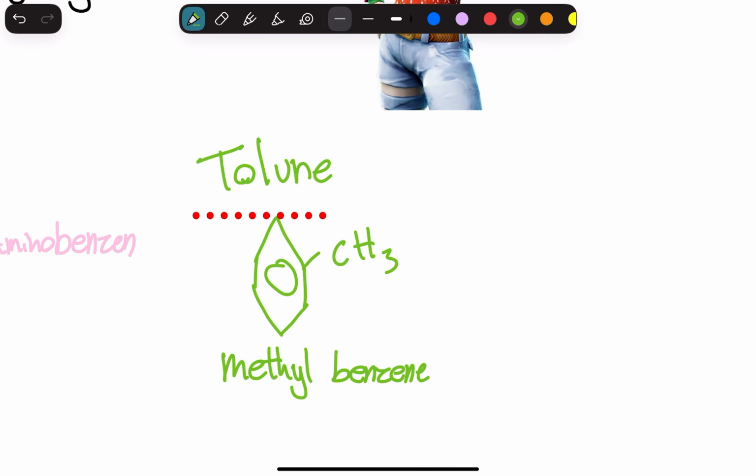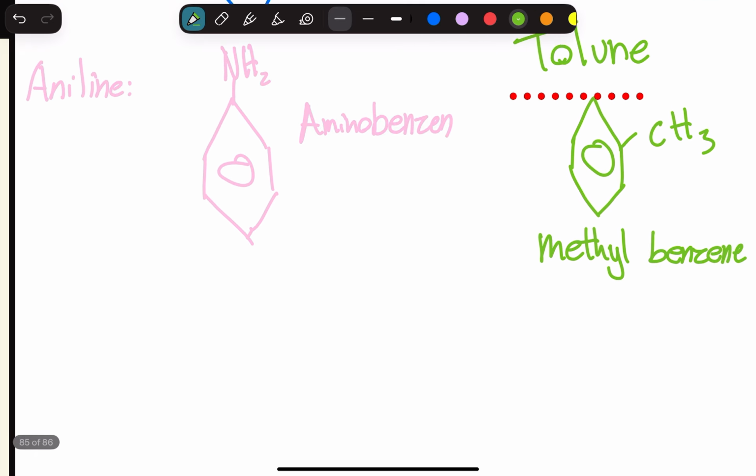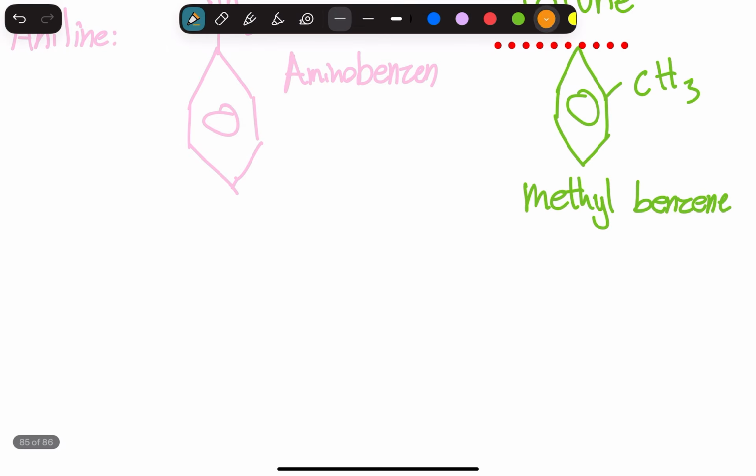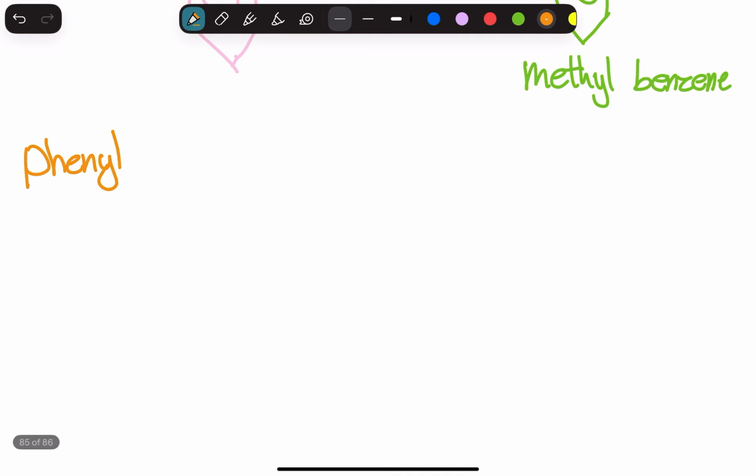And then finally, we have what we call a phenyl. A phenyl is when the benzene ring is our substituent.